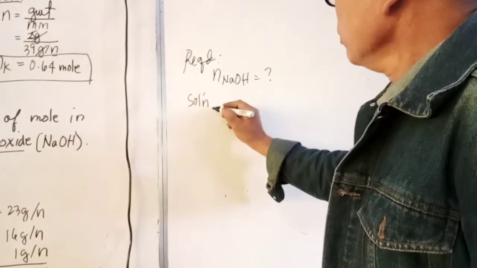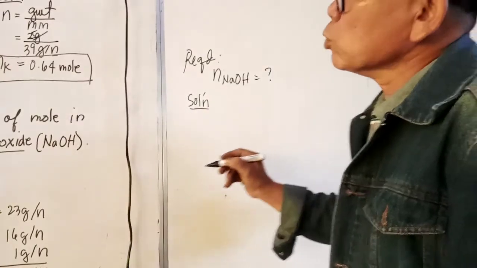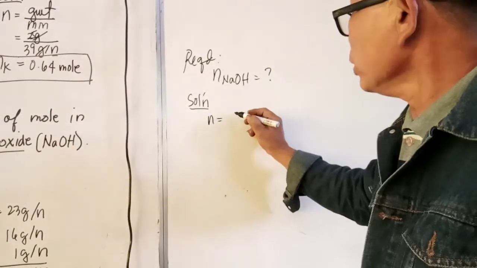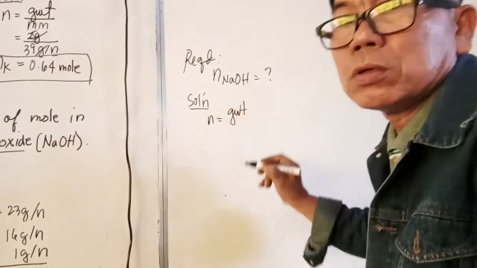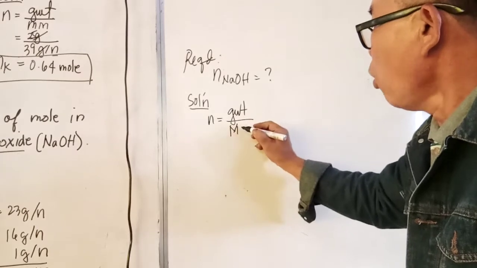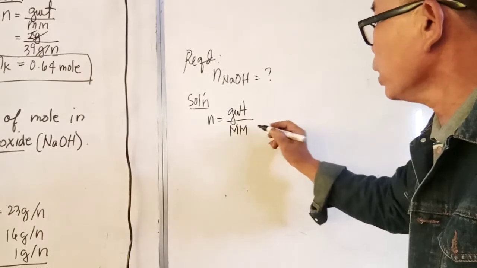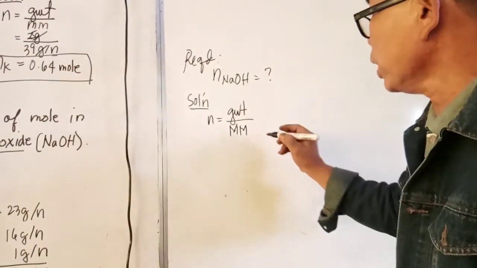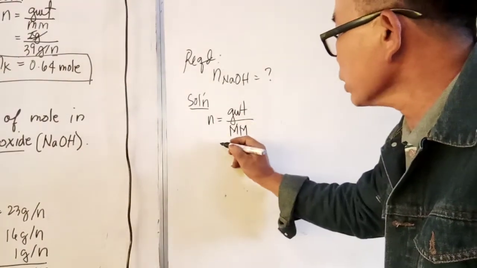Solution of the problem. You have to use the formula n is equal to the given weight divided by the molar mass of the substance, which is also the same as the formula mass of sodium hydroxide. So this is now by direct substitution.